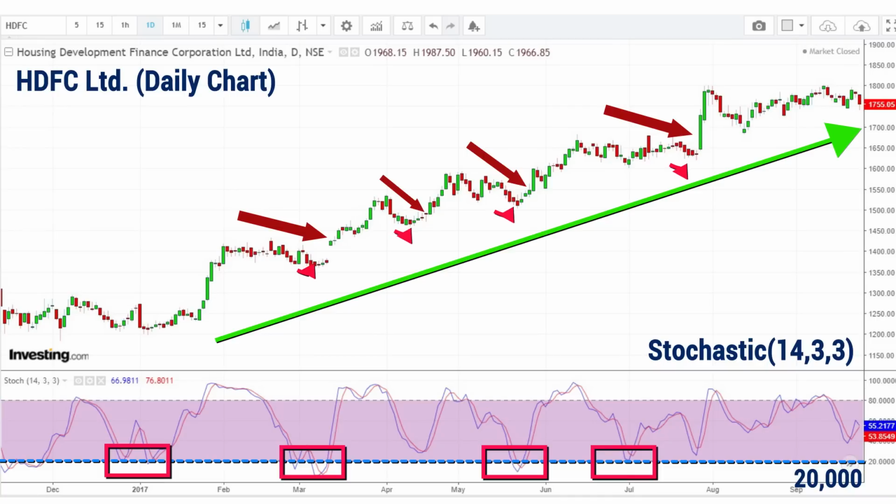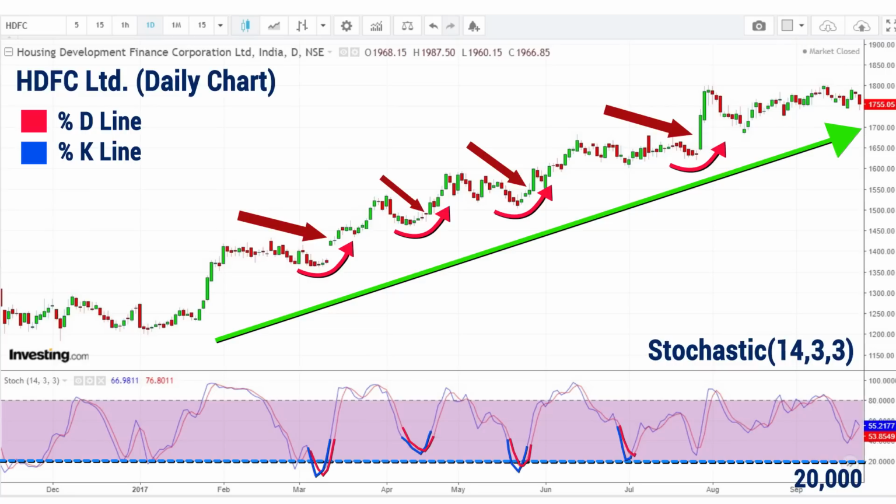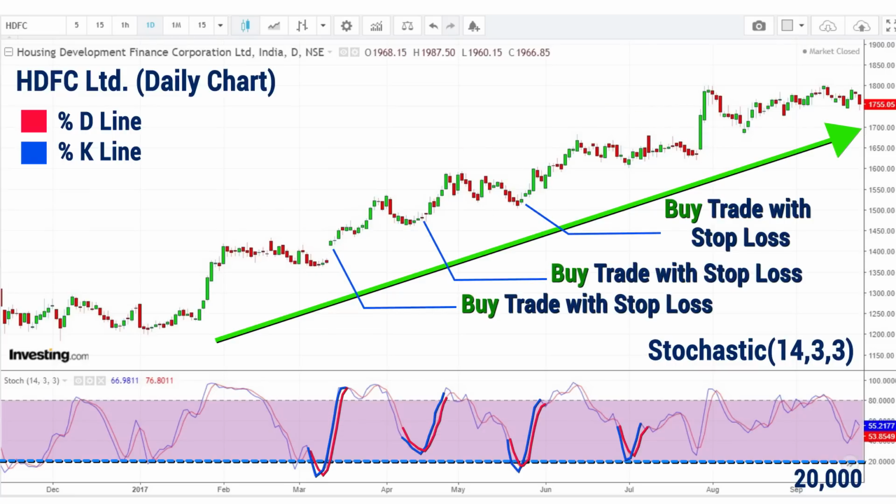At this juncture, if there is some kind of reversal seen in the price, then the stochastic moving above 20, or maybe we can spot a positive crossover of the percentage K and percentage D line, we can take a buy trade along the direction of the larger uptrend that is prevailing.